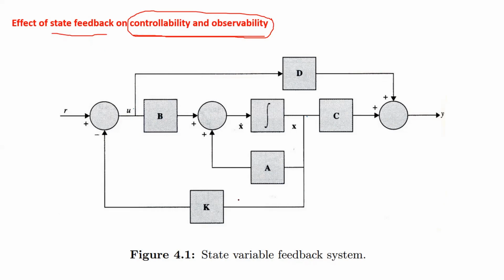After connecting a feedback with a gain constant k, especially from the state variable, it is called state feedback. When you connect the state feedback, what are the changes in the diagram? That means how the system stability can be changed. Before connecting the state feedback, what is the characteristic equation?